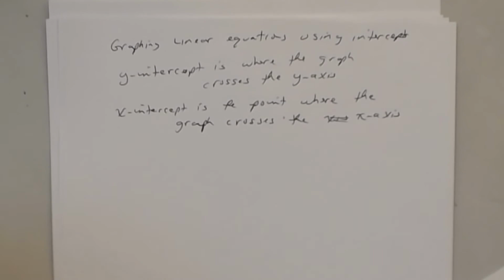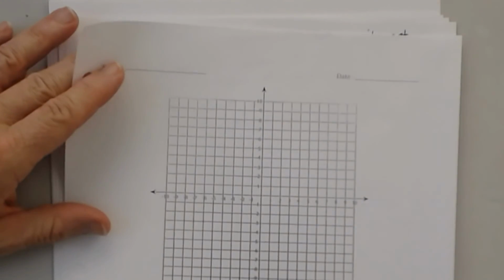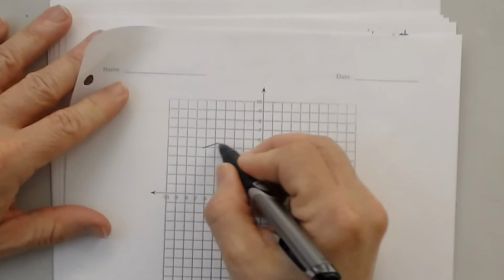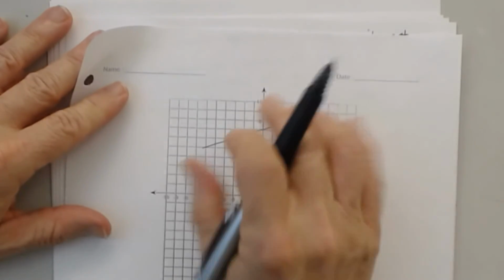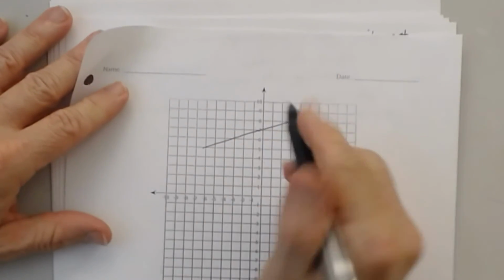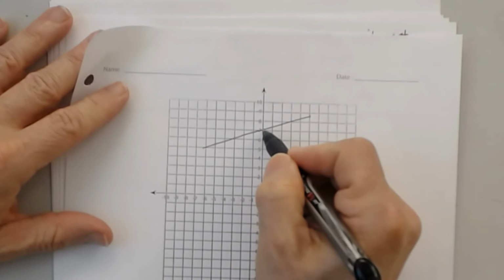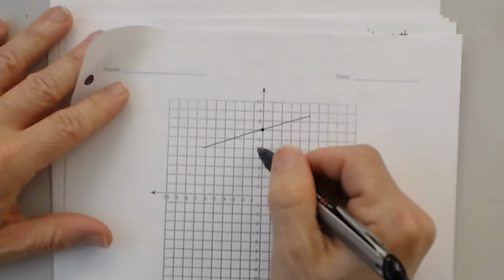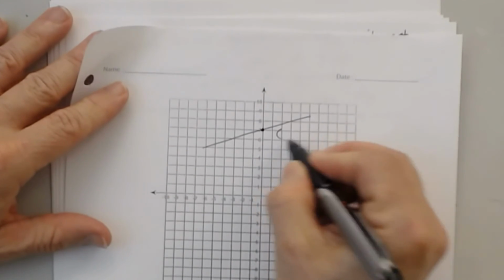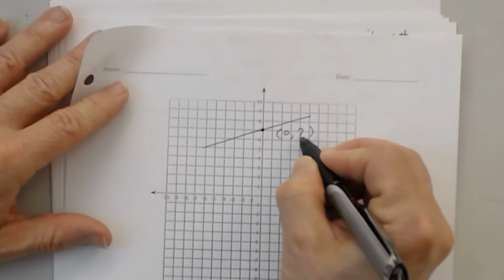One thing I want to remind you, I'm going to draw some lines. Notice what I'm doing. See this line that I just drew? Don't worry about the arrows. This point right here is called the what? Y-intercept. If I label that point, y'all agree that's 0, 7?